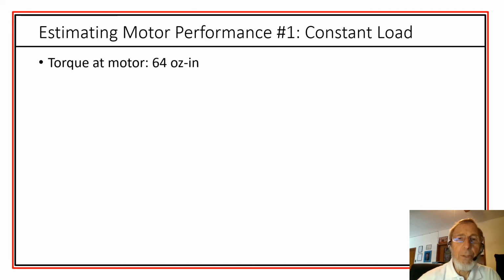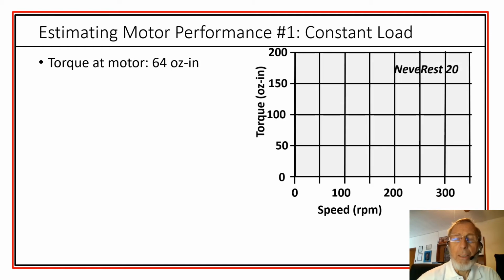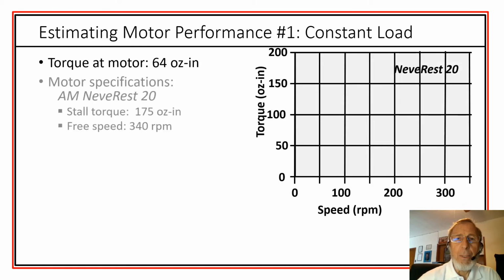So, if we have the 64 ounce-inches, let's look at our motor curve and see how this applies. With the 175 ounce-inches of torque, in the free speed, we can draw a straight line which defines the motor torque as the speed of the motor changes.